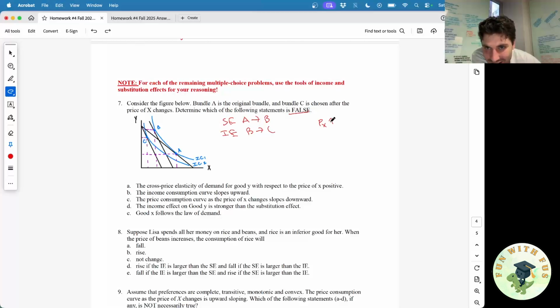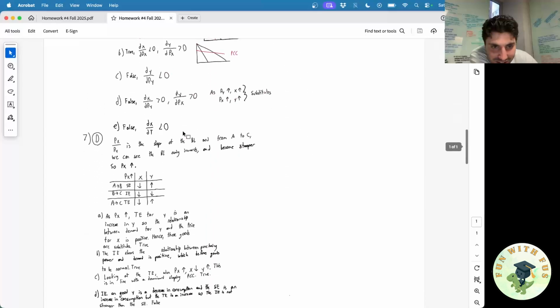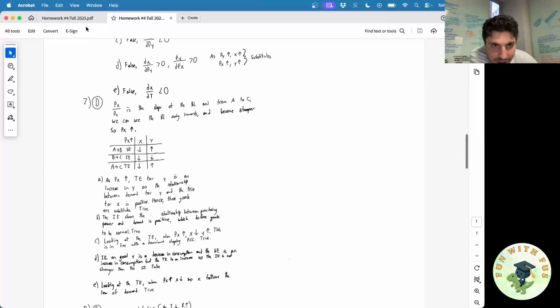So as the price of X increased, as I went from A to C, the cross price elasticity of demand. Let's go investigate the answer key.